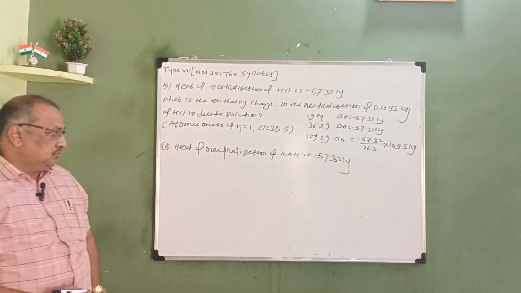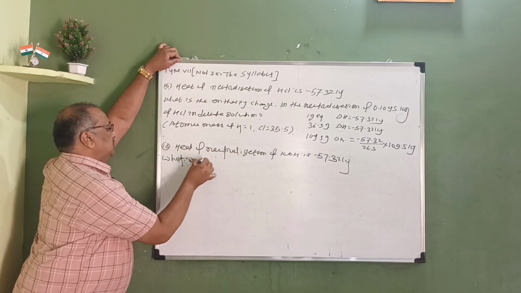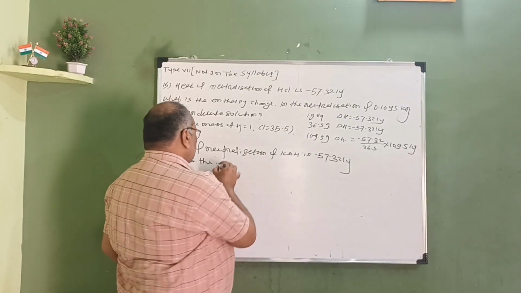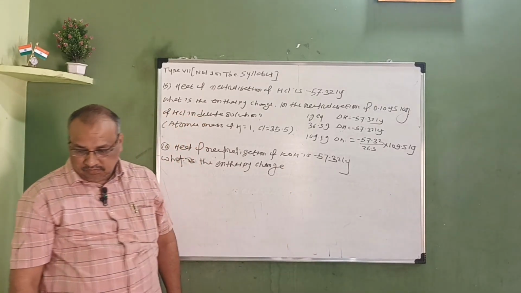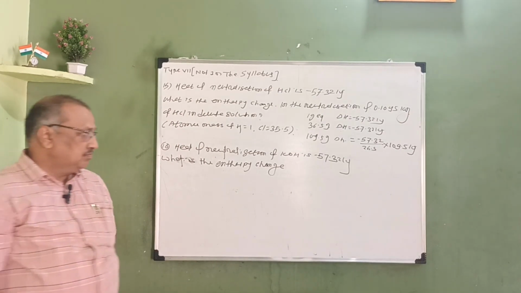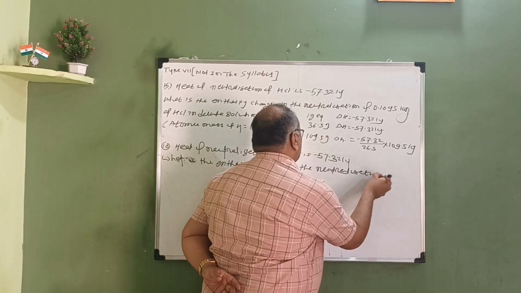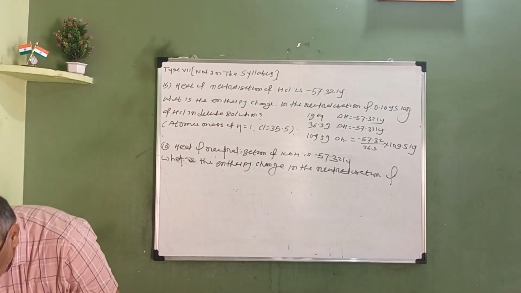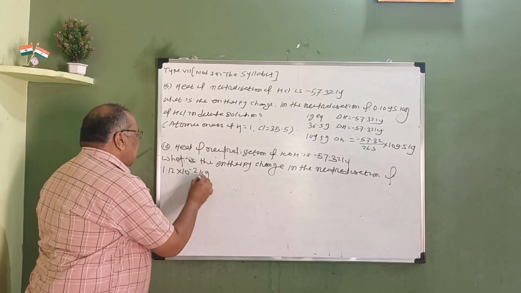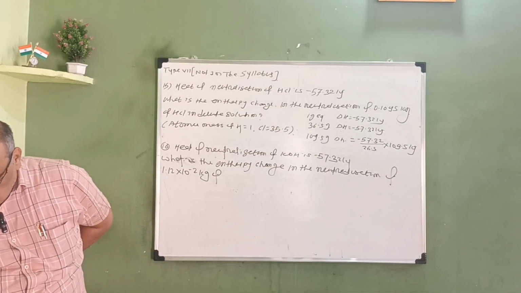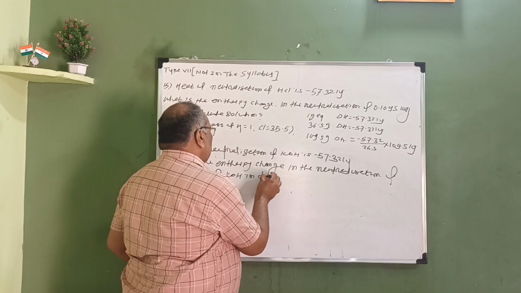What is the enthalpy change in the neutralization of 1.12 into 10 to the power minus 2 kilogram of KOH in dilute solution.